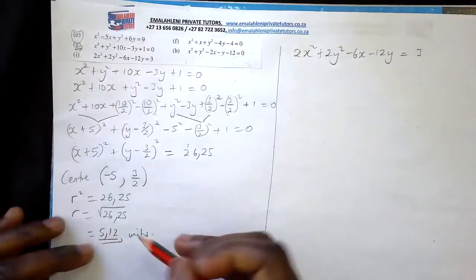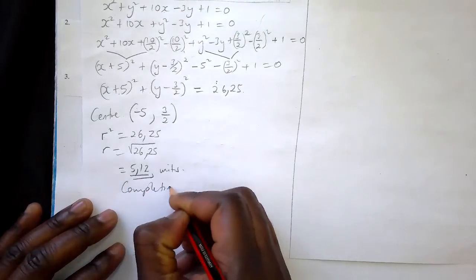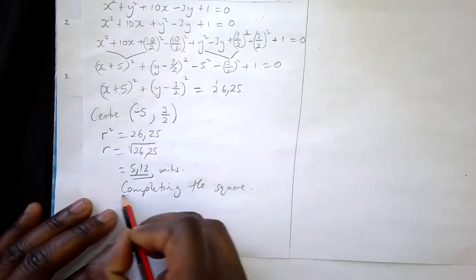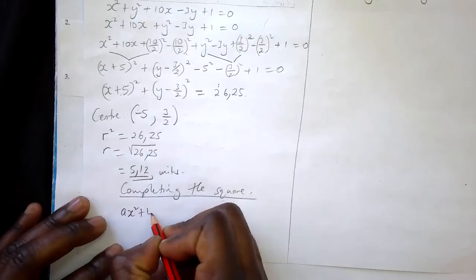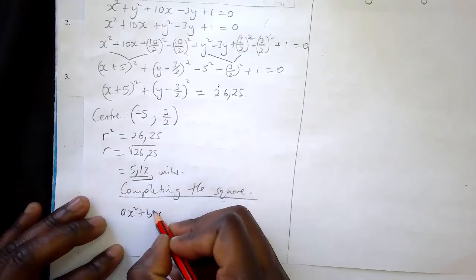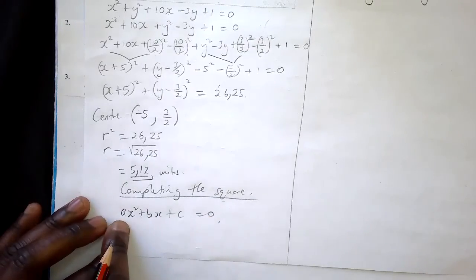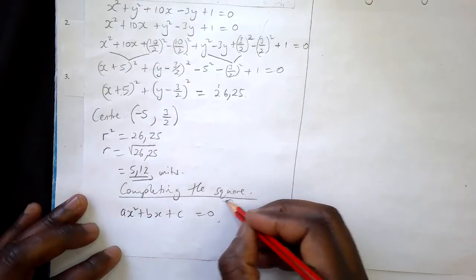So, for example, when you're completing the square, let's say for the equation ax squared plus bx plus c is equal to 0, what do you have to do? You have to get rid of a here. A should always be 1.